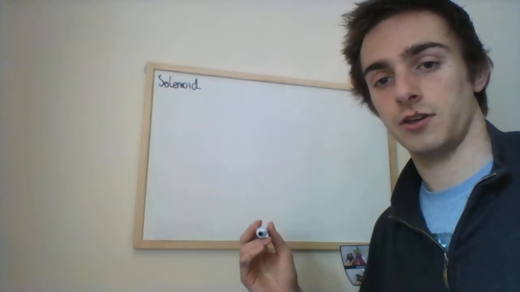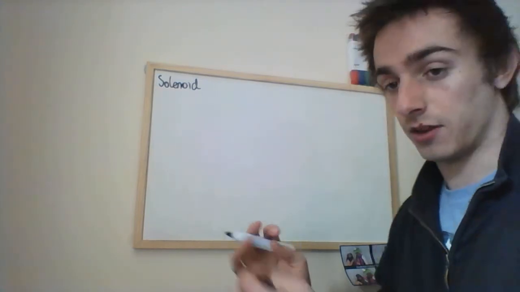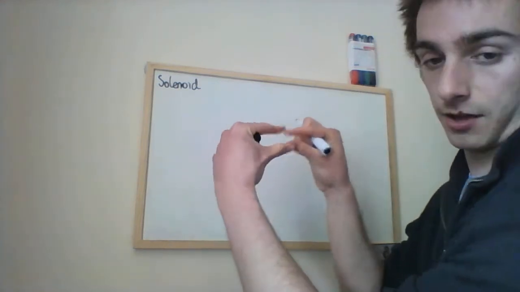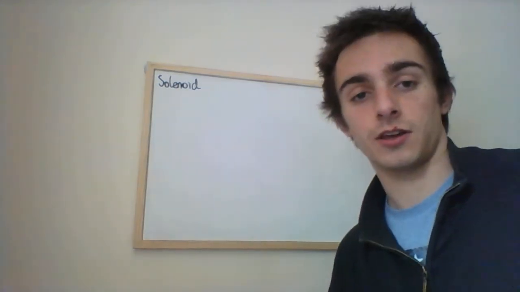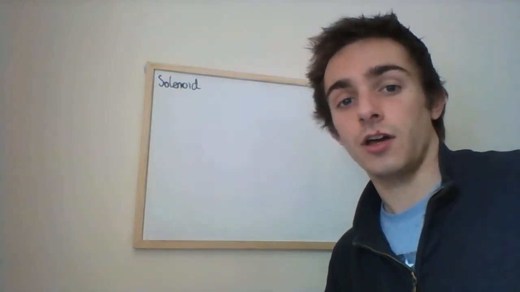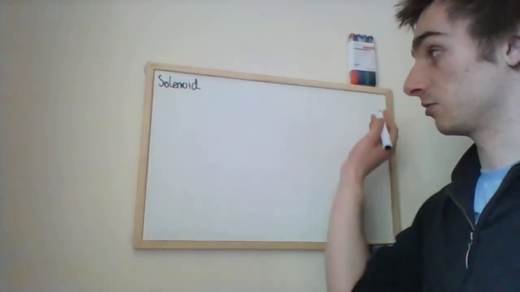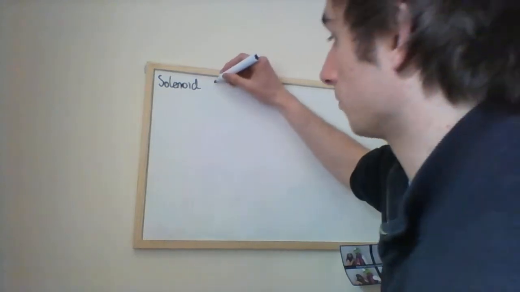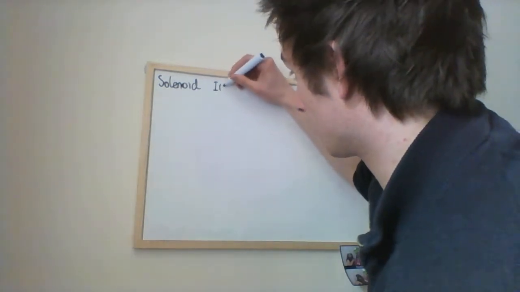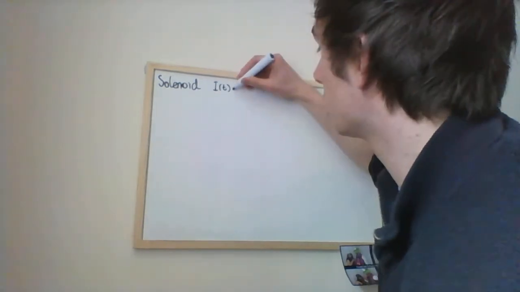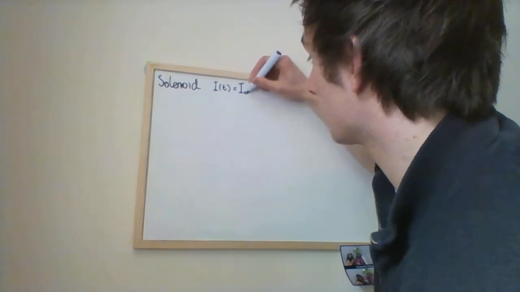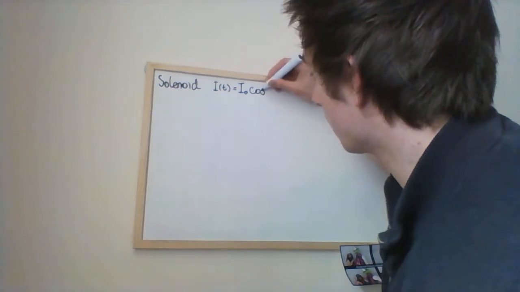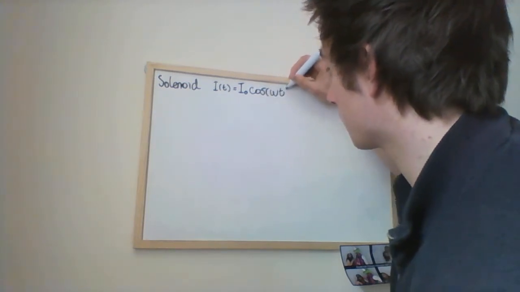So our solenoid, we're told it's very long compared to its cross-sectional area. So we're just going to model it as a big sort of one-dimensional thing really when we're looking at the solenoid. So the current going through it at any time oscillates like this here.